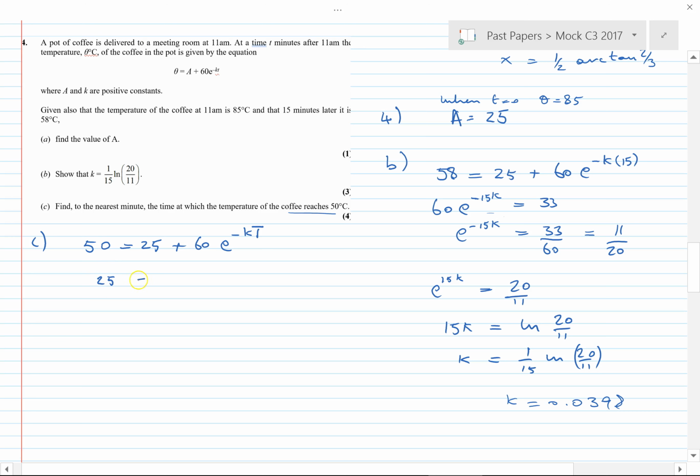So we've got 25 is equal to 60 e to the minus kT. So we have e to the minus kT is equal to 25 over 60. Divide that by 5, which becomes 5 over 12.